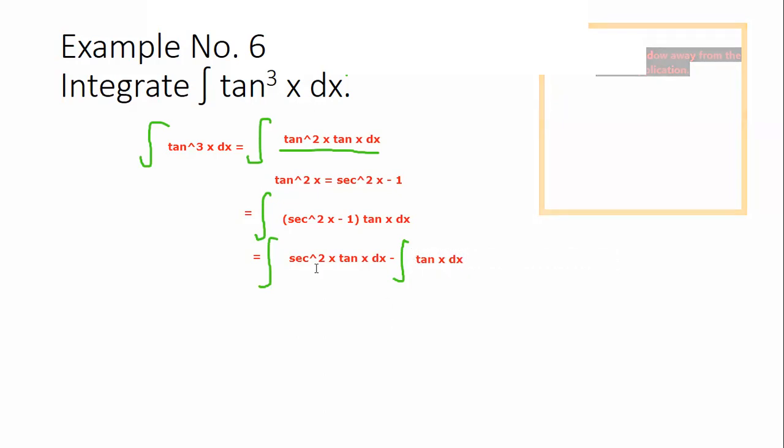In this case, we're going to use substitution, with u for tangent x and du.